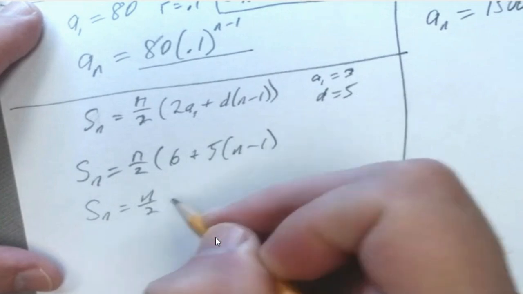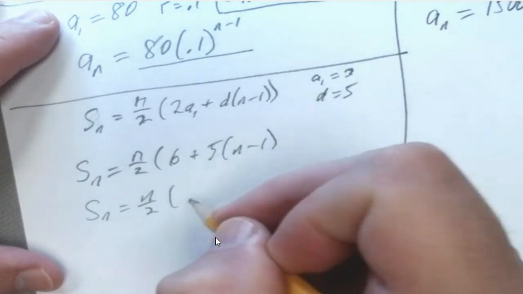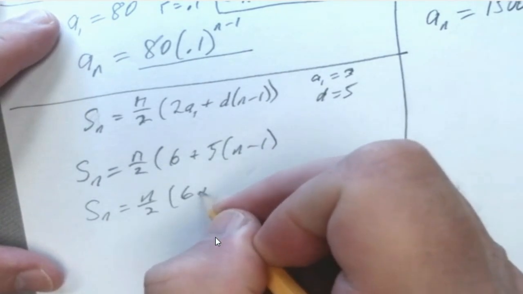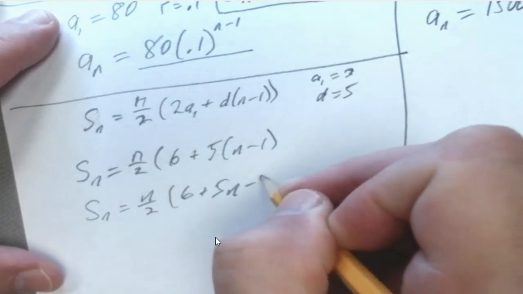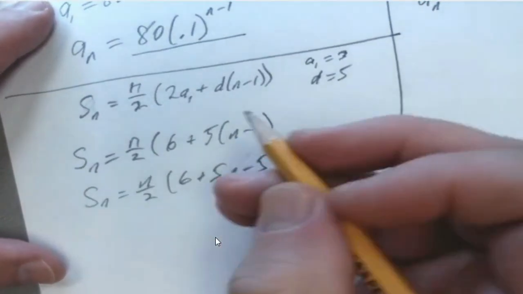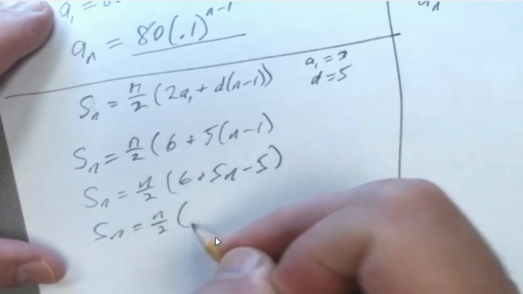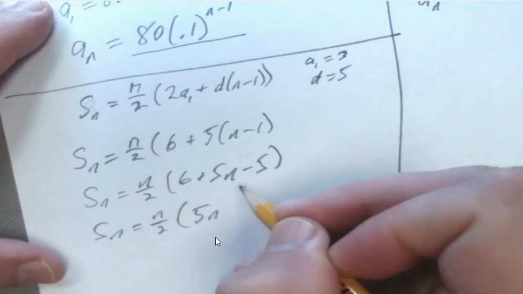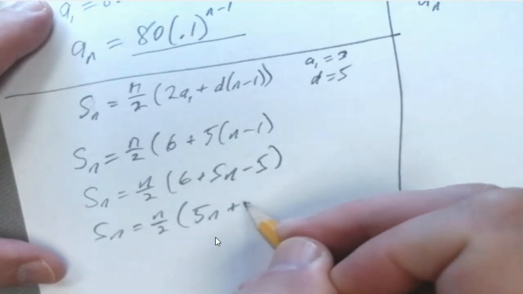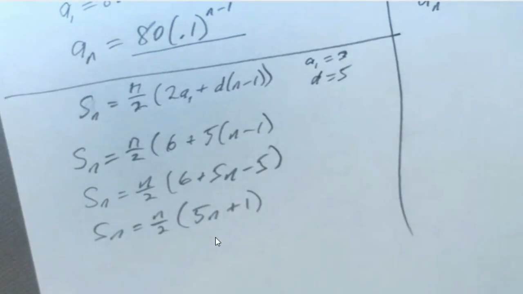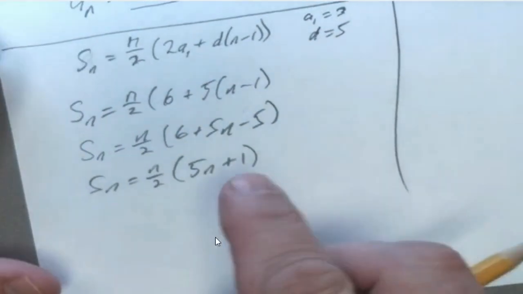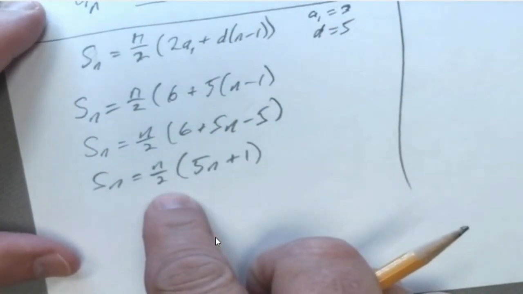N divided by 2 times 6 plus 5n minus 5. N divided by 2 times 5n plus 1. All right. Now we can leave it like that.